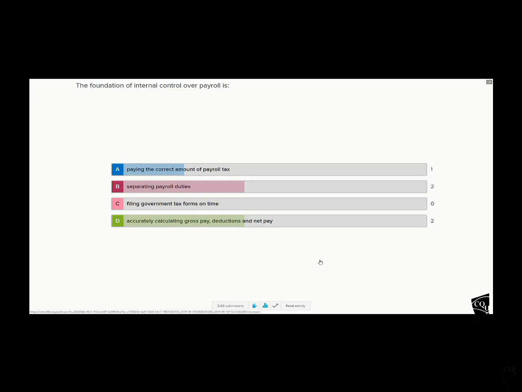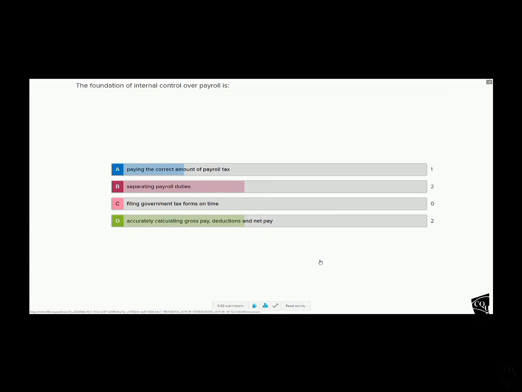Okay, so the person who records the wages payable is not the same person who prepares the payroll. It's not the same person who prepares the entries into the accounts. What you don't want is a person who prepares the payroll to set up a dummy employee and to pay that dummy employee's wages into their accounts, i.e. the person who is preparing the payroll.